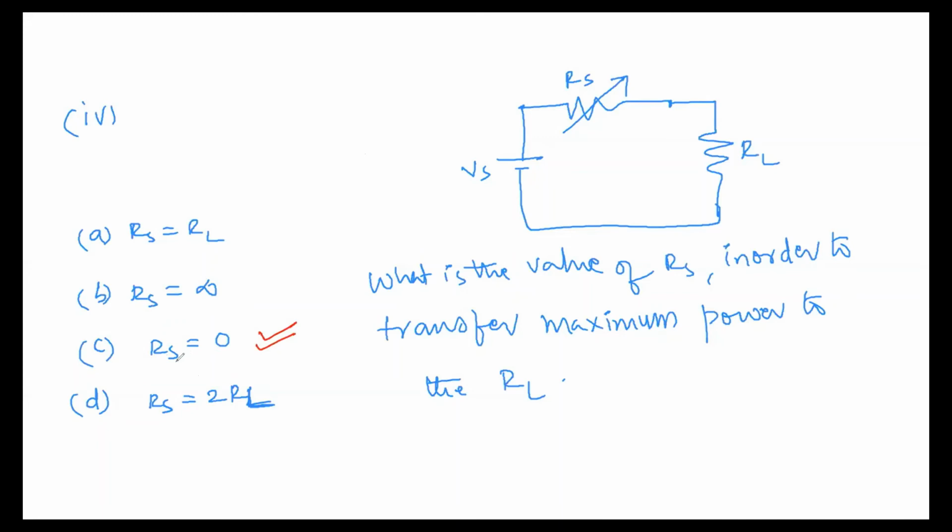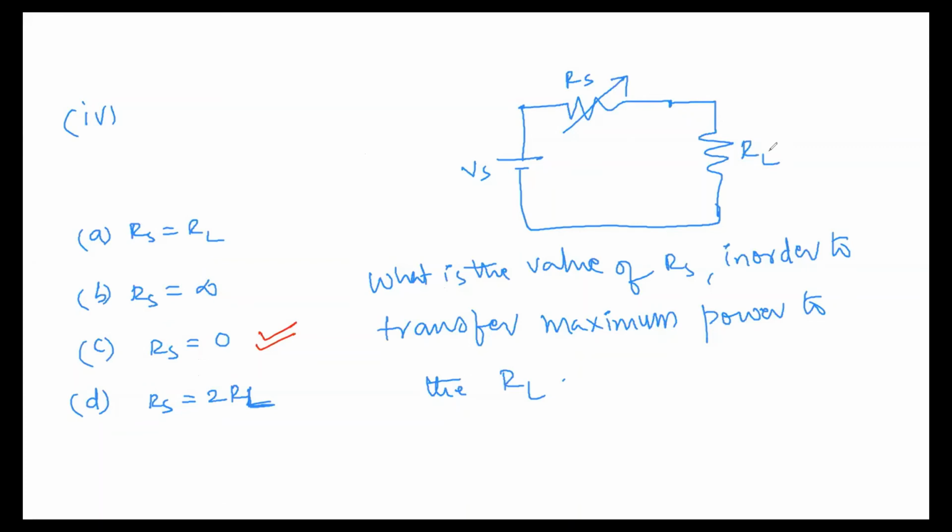So here you see, RS is equal to 0. Just try to substitute. Say you have 10 apples and two different persons.